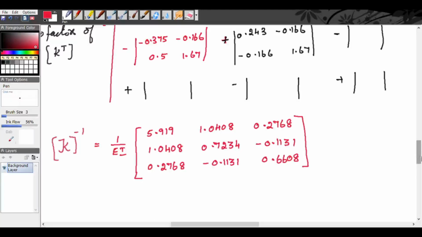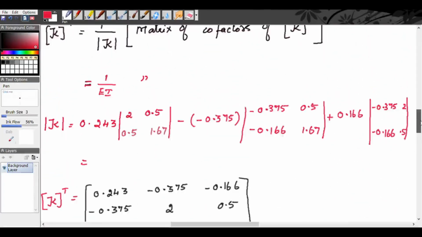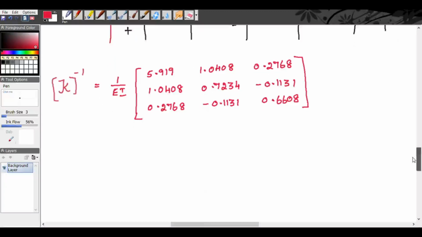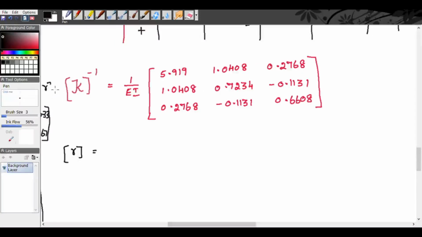Now, this is our step 8, right? Now we will find what is system displacement matrix. System displacement is small r, that is capital K inverse into capital R. So our small r, that is system displacement, so small r is equal to K inverse. Okay, so I will write here, that will be easy for me. So r is equal to K inverse into capital R. So this is K inverse.